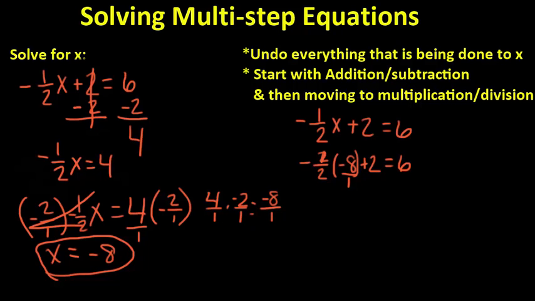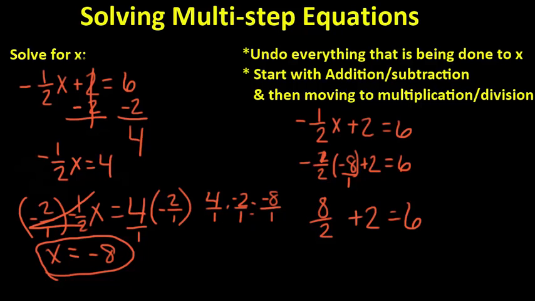Negative 1 times negative 8 is a positive 8. 2 times 1 is 2, plus 2 is equal to 6.